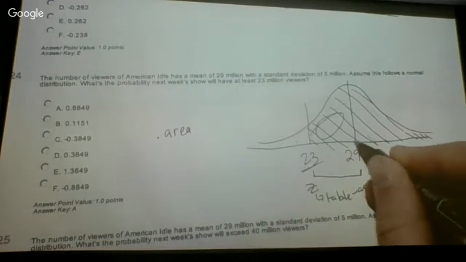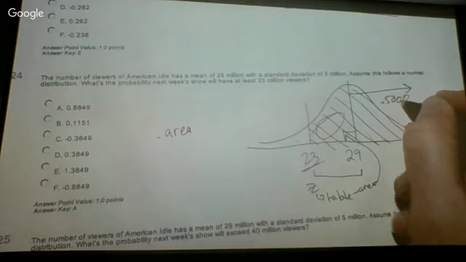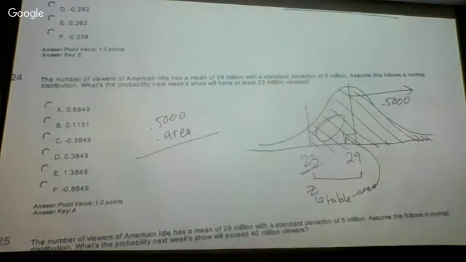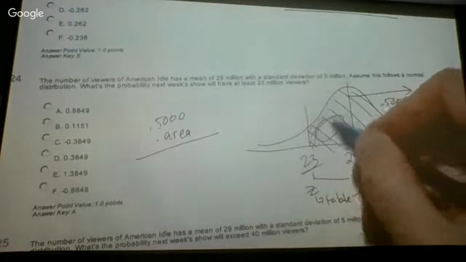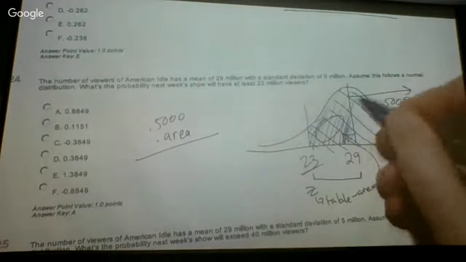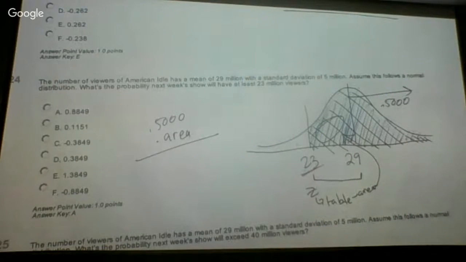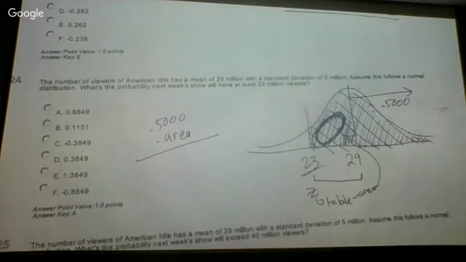But I need to add to that 0.5. Because at least 23 million means it could be 23, 24, could be 29 million, could be 32 million, could be 45 million. But if it's at least 23, it's 23 to 29, whatever that area is, plus 0.5.